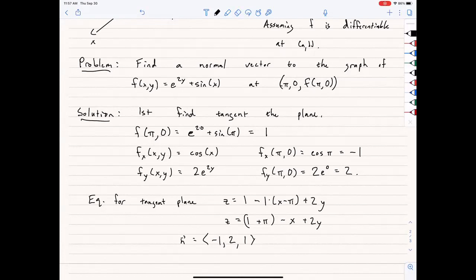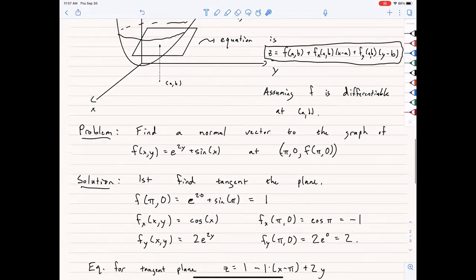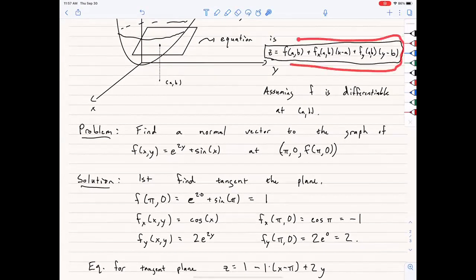I don't have it in the standard form. I have to put it in the standard form. This expression for the tangent plane is written as an expression illustrating a graph of a function. This is a function of 2 variables, x and y, and we're setting z equal to it. That's a nice way of expressing an equation for a graph of a function.